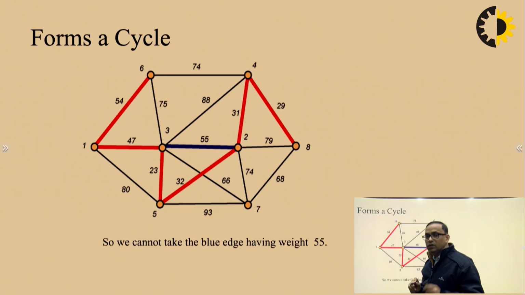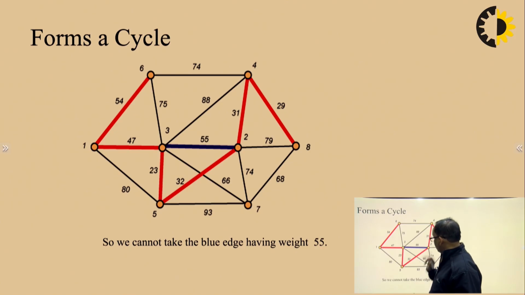Again, it is important to tell that when we select the minimum weighted edge and add it to the existing spanning tree, if it forms a cycle, then that particular edge will not be considered. We will reject it and we will select the next minimum weighted edge.